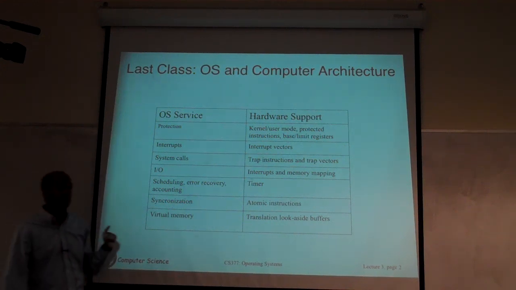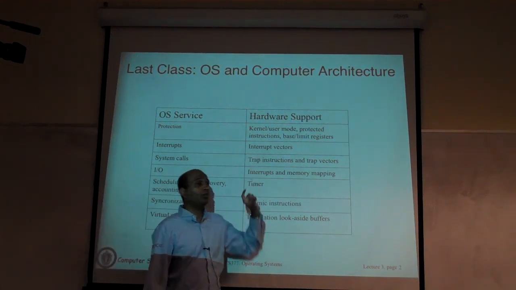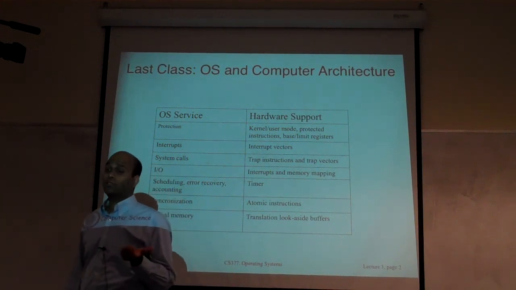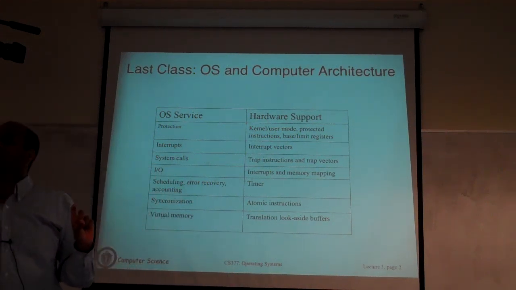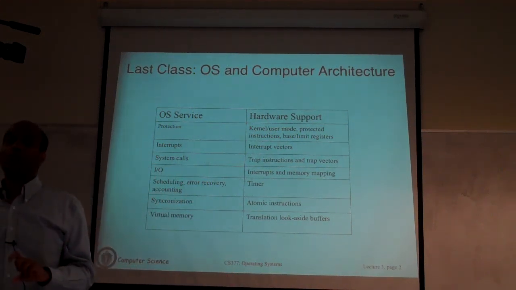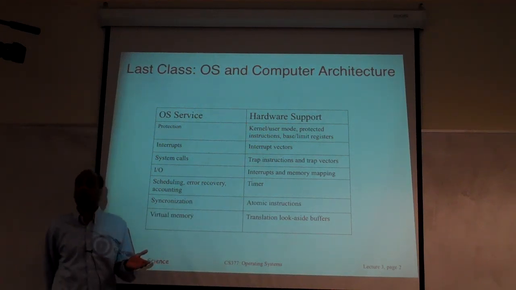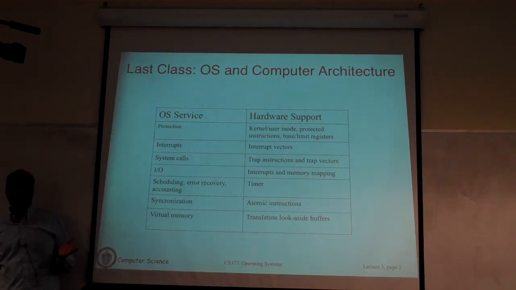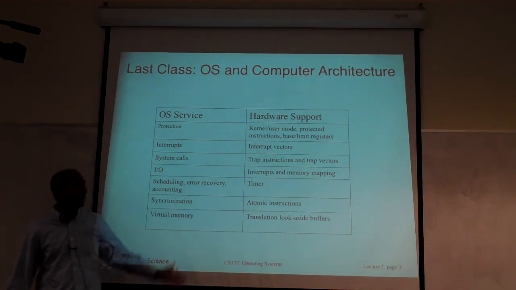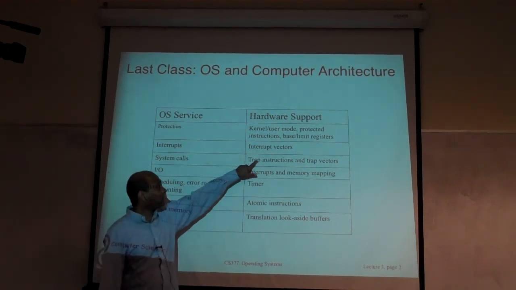And the way the hardware has supported this function is through a user and kernel mode bit. You can switch the CPU from user mode to kernel mode, which will allow you to carry out privileged operations, or if the bit is not set, then you cannot do those operations, as is the case in user mode. Okay? And just an example, there are many hardware features we looked at.